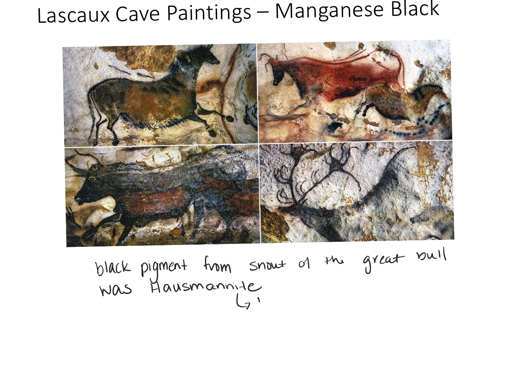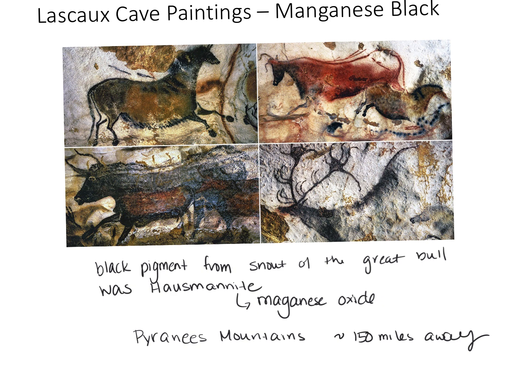Now, hausmannite itself is a manganese oxide. And there was no local source of this manganese oxide at the time. This can be made by artificially heating rocks that are rich in manganese, but the process requires temperatures of around 1650. It's possible that the hausmannite came from the Pyrenees Mountains, which were approximately 150 miles away.